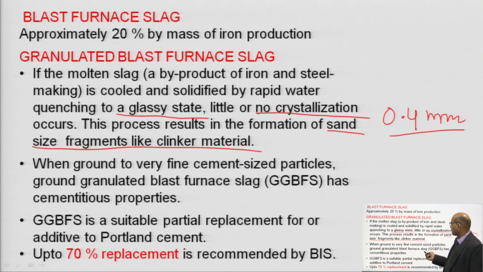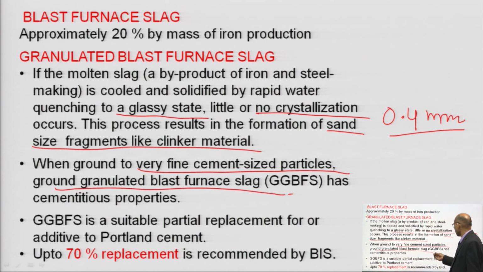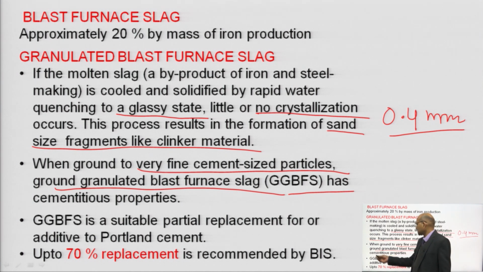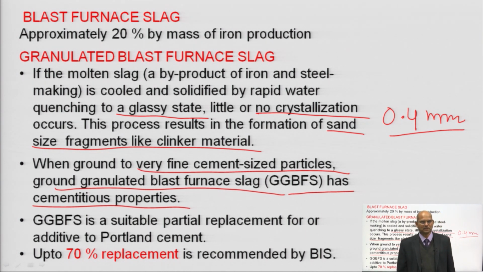So, you have to grind it to very fine, cement-size particles or even finer. Then ground granulated blast furnace slag, GGBF, has cementitious properties as well as pozzolanic properties both.